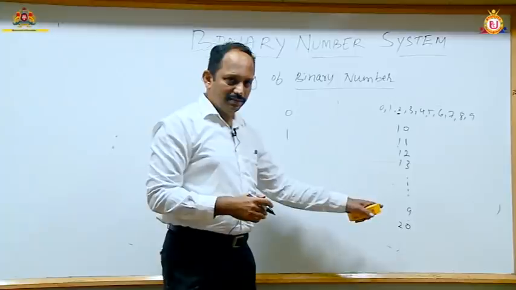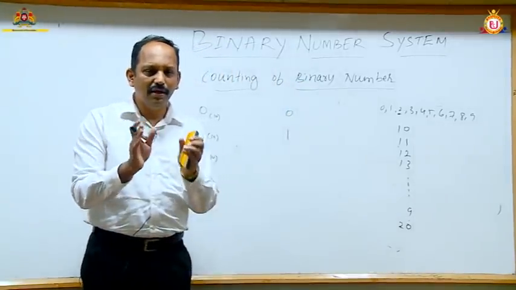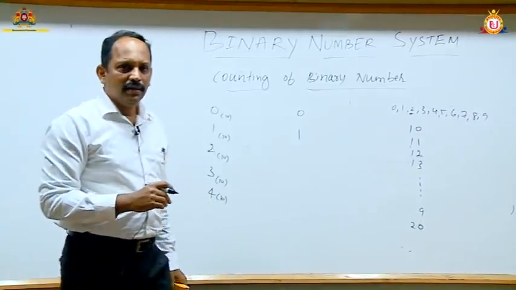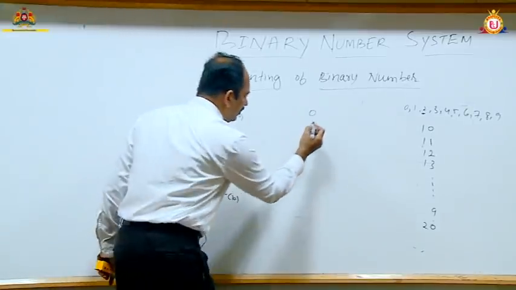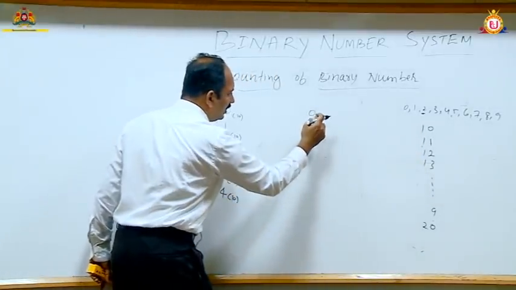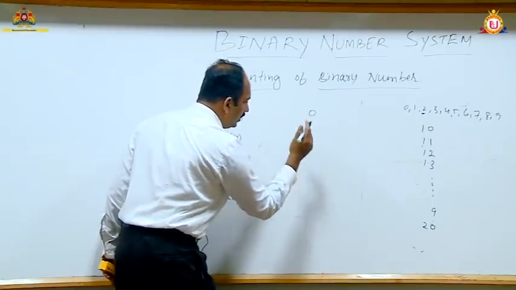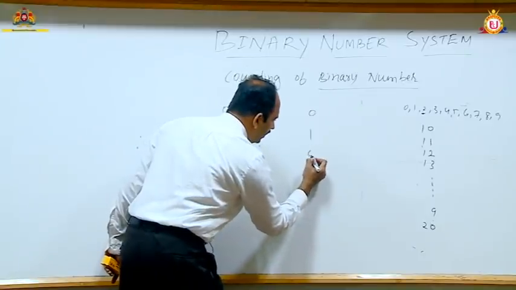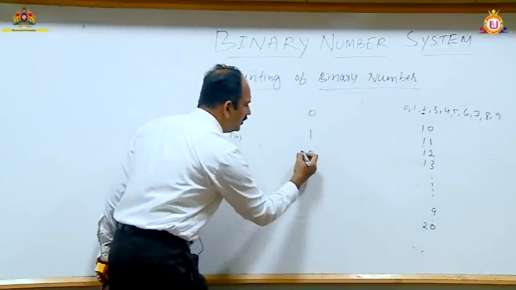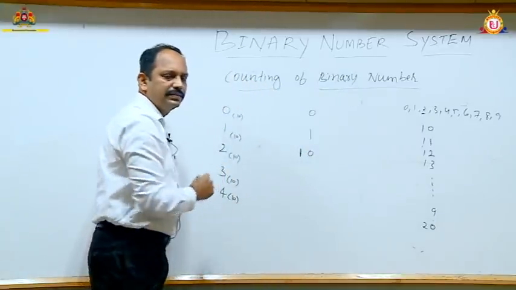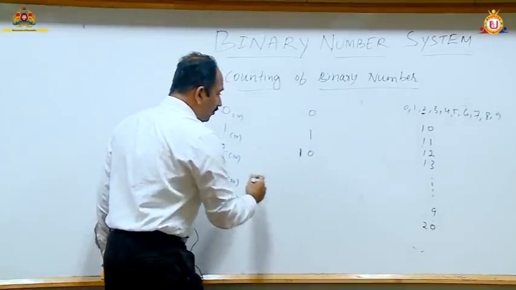The same mechanism is used in counting binary numbers also. This is very, very important to understand how binary numbers are counted. Now, let me use the same principle here. 0 is the first number, 1 is the next number. So, the 0 is written in the rightmost place, and the 1 is written at the leftmost place. This is the third number. What is the next number?